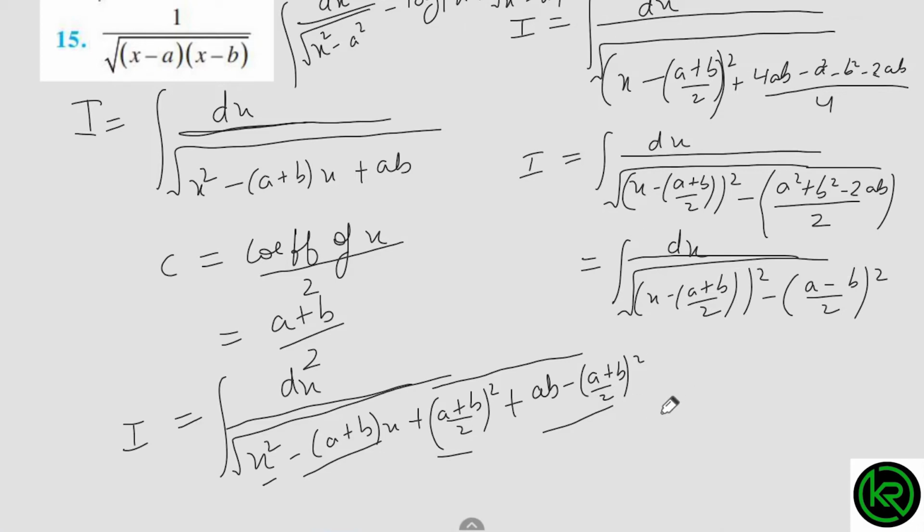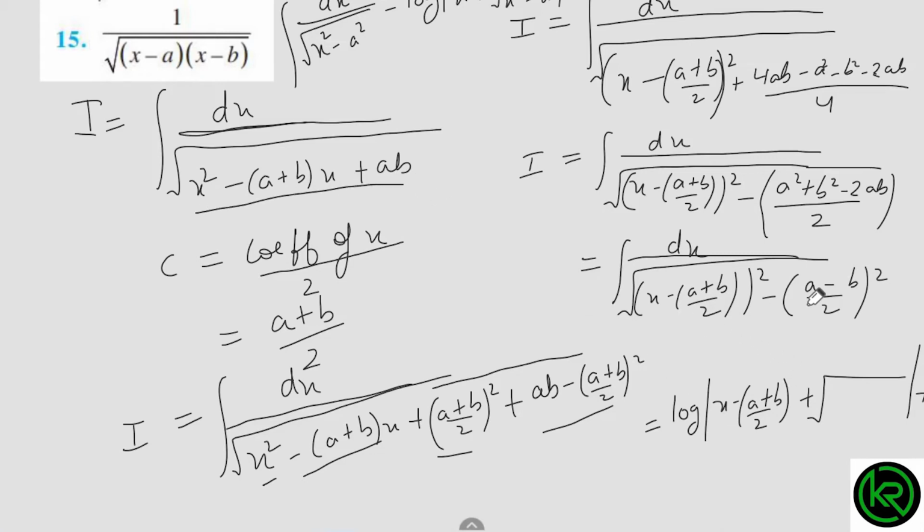Okay students, so we will get our answer log mod x minus (a plus b)/2 plus under root ... and plus c. And students, this whole is written like this.